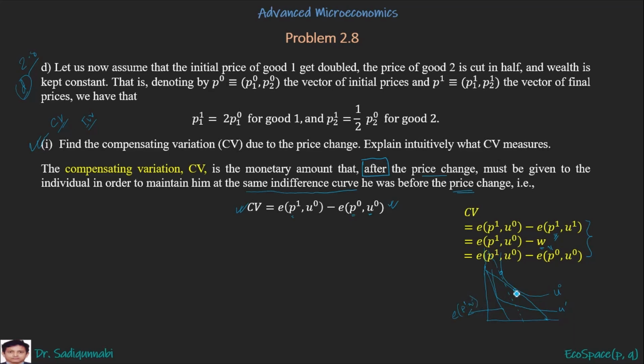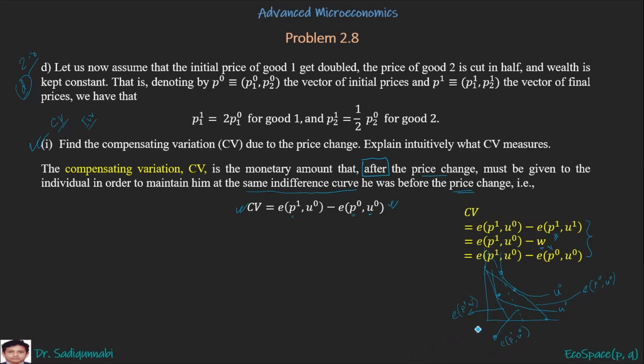This budget line is E(P0, U0), and the dashed budget line is E(P1, U0), because these are parallel.